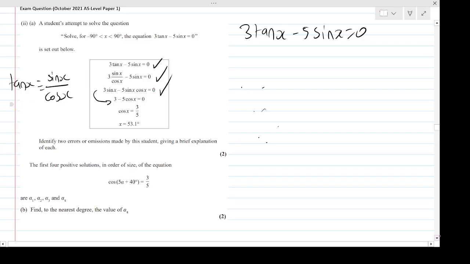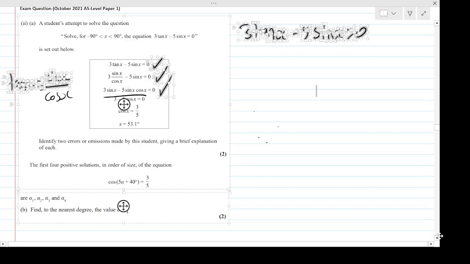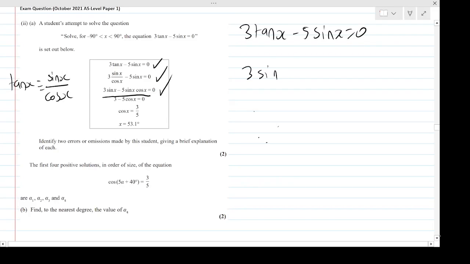Right. Okay. That's alarm bells. Let me rewrite that step then. Let me copy this step down. So 3 sine x minus 5 sine x cos x is 0. Okay. So how do we solve it properly from this point?